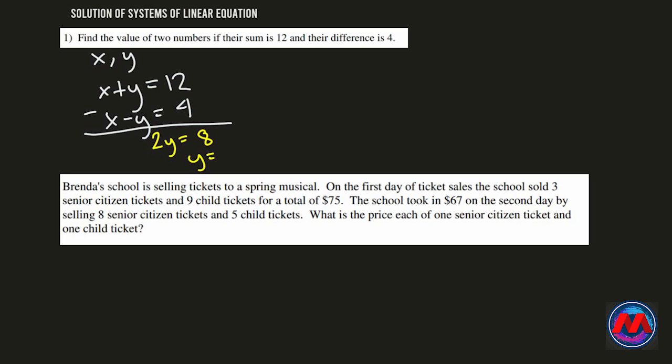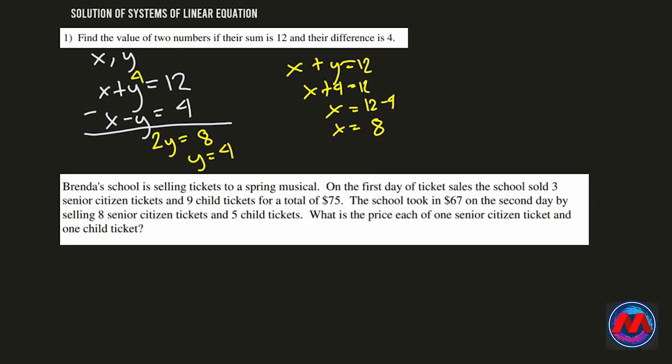It means that y is equal to 4. So since y is equal to 4, substitute na lang natin dito. When x plus y is equal to 12, that's x plus 4 is equal to 12. Then x is equal to 12 minus 4. Ibig sabihin, x is equal to 8.